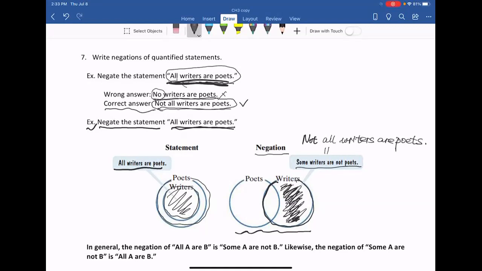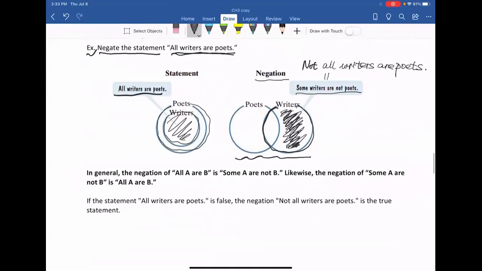Okay, let's move on. In general, the negation of all A are B is some A are not B. Just like the example we expressed, the negation of all A are B is some A are not B. Likewise, the negation of some A are not B is all A are B. If the statement all writers are poets is false, the negation not all writers are poets is true.